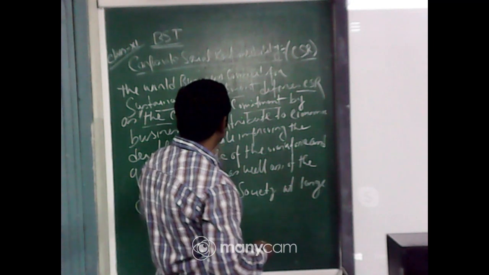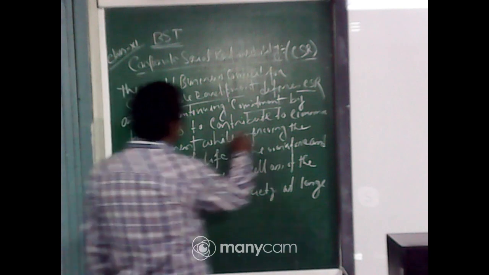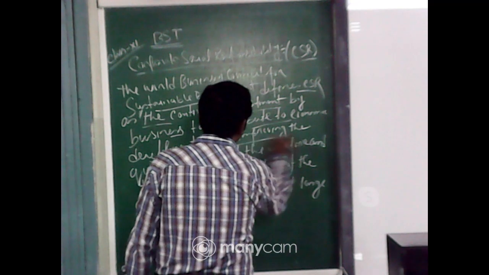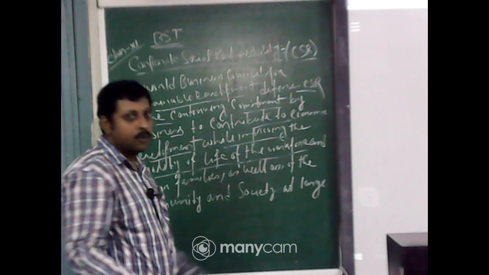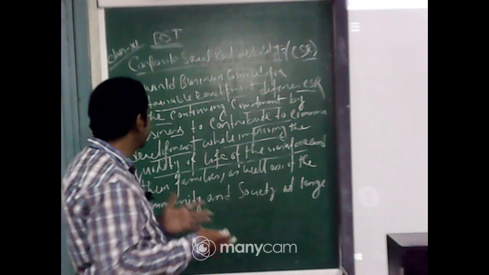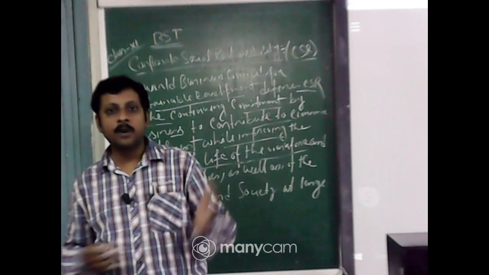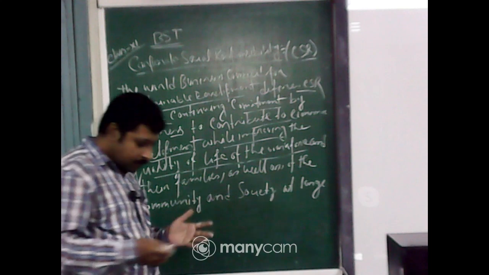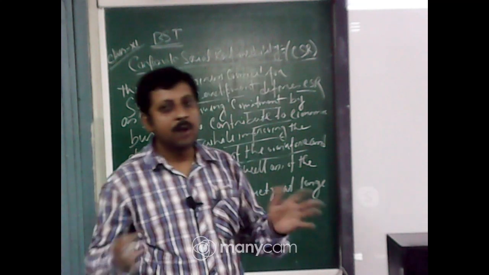for your business, by continuing commitment by business to contribute to economic development while improving the quality of life of the workforce. Whatever workforce is working in your organization, you should look after their economic development and their total quality of life. So you are always roaming around by car.